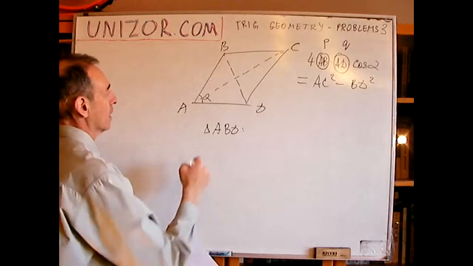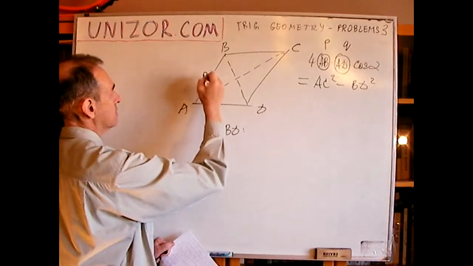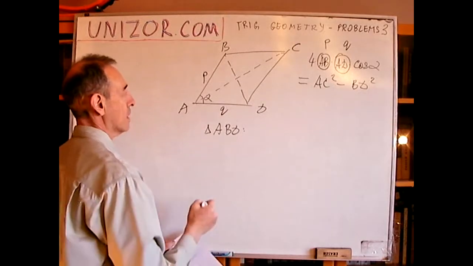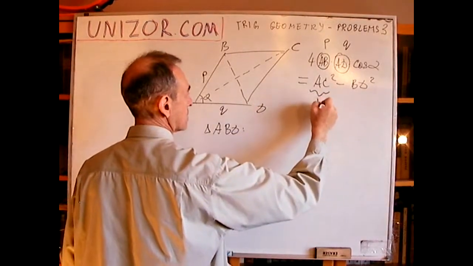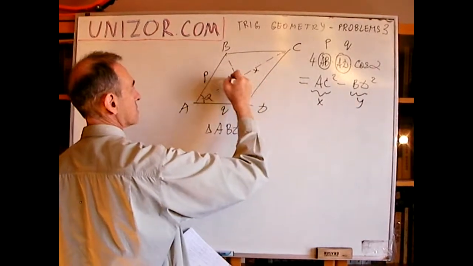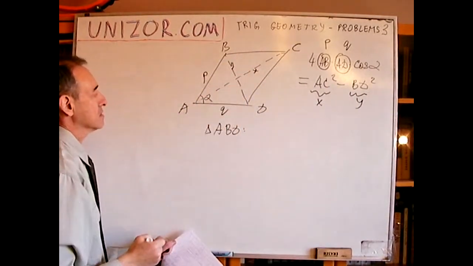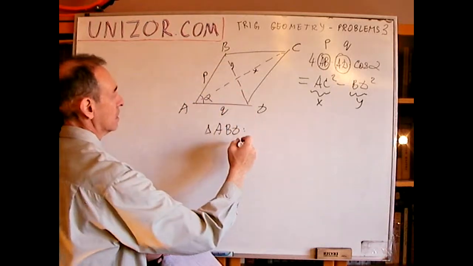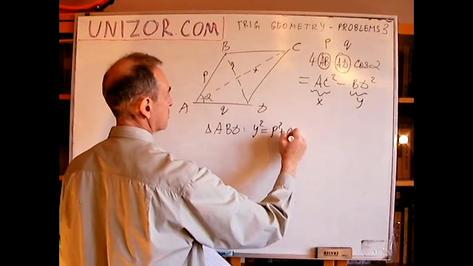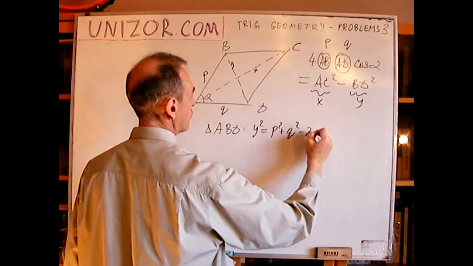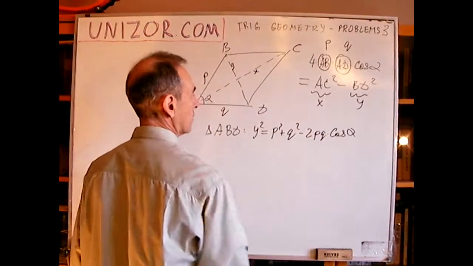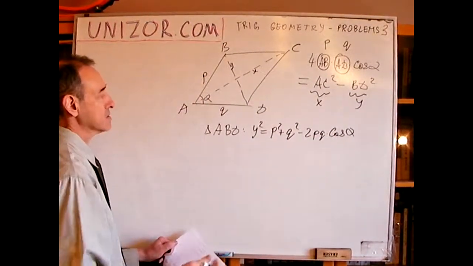So AB is P and this is Q. This is X and this is Y. So from triangle ABD, y squared equals p squared plus q squared minus 2pq cosine alpha, right? That's the law of cosines.